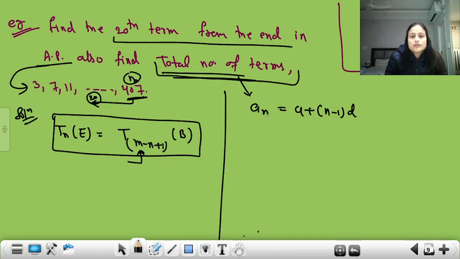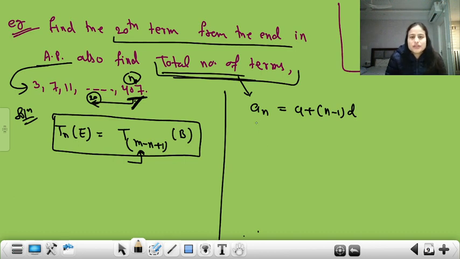So whenever I need to find the total number of terms in a finite AP, always consider the last term as the nth term, because I need to get the value of n corresponding to the last term. That will give us the total number of terms.